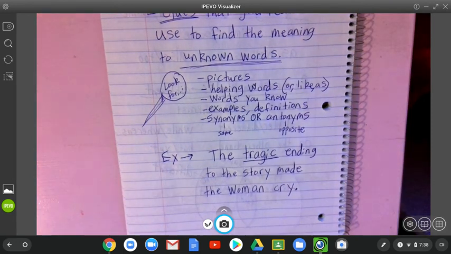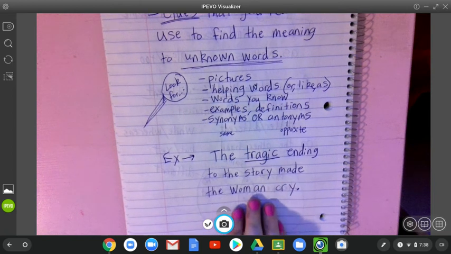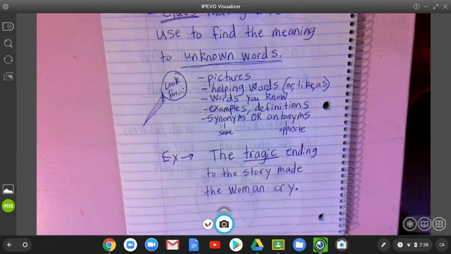Okay, so an inference is where you read, you think about what you know about that sentence or about the text and draw a conclusion about it.